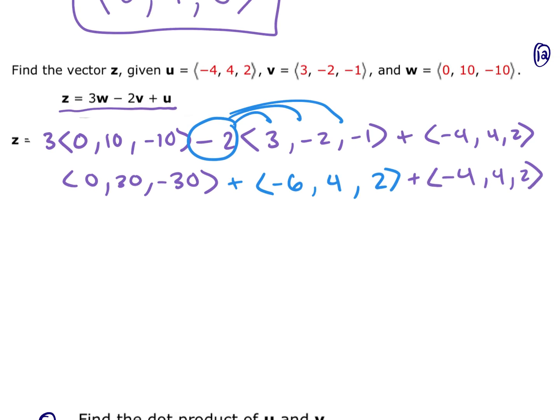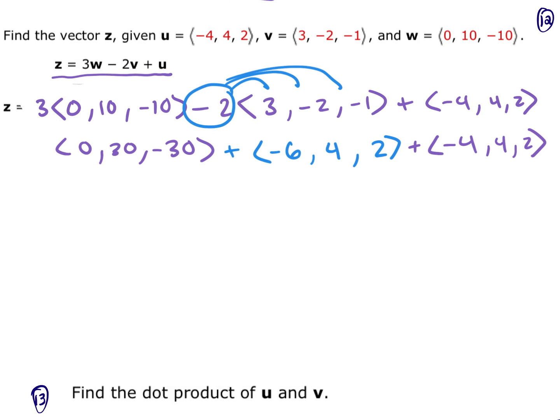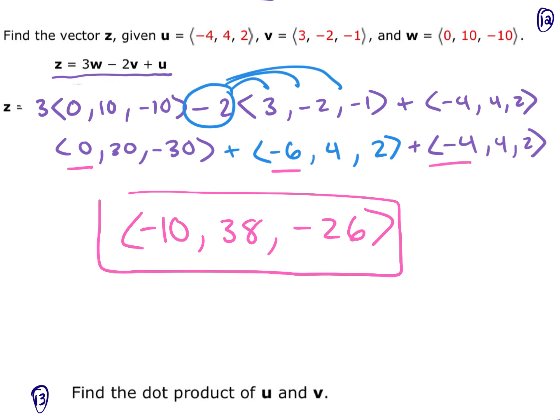You can either add 2 vectors together and then add the third one or just add all 3 together. So I'm going to add all 3 together at once. So 0 plus negative 6 plus negative 4 would be negative 10. 30 plus 4 is 38. Negative 30 plus 2 would be negative 26. So that's our vector Z.